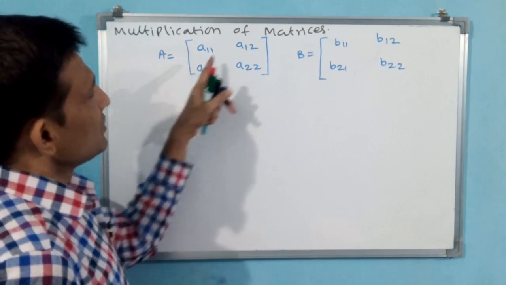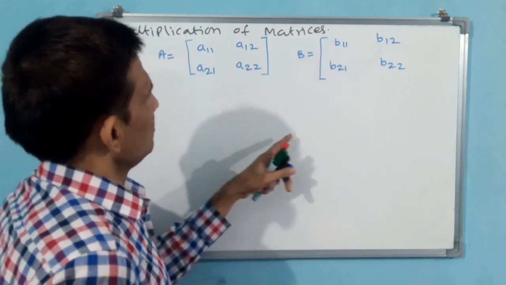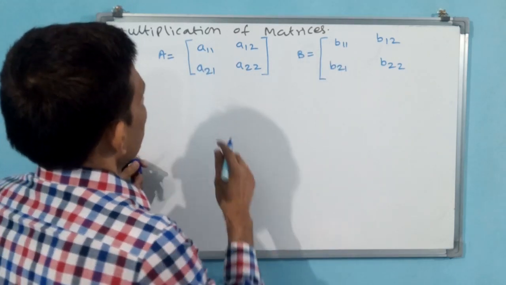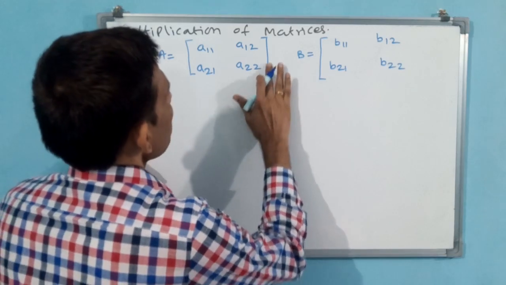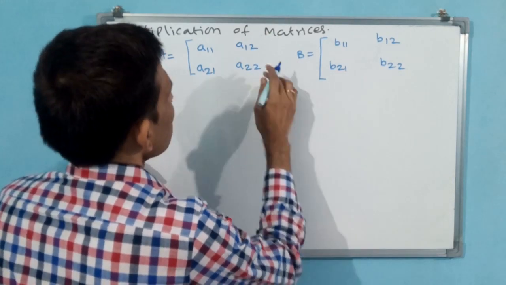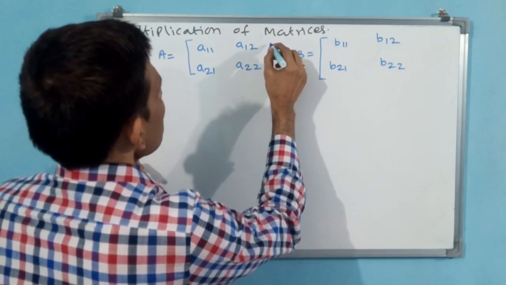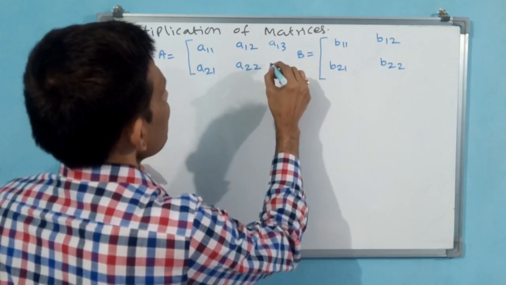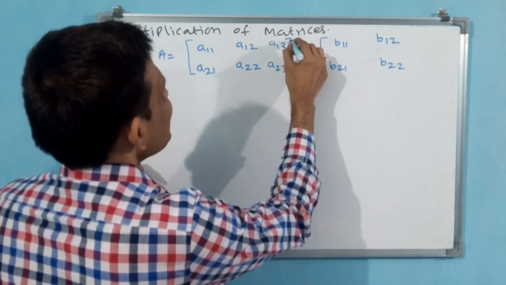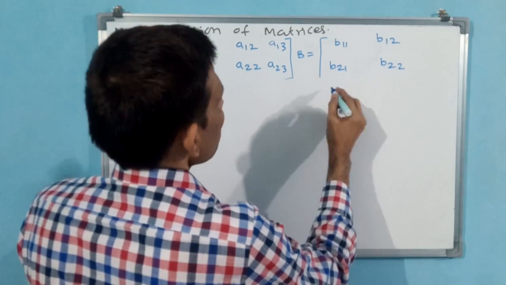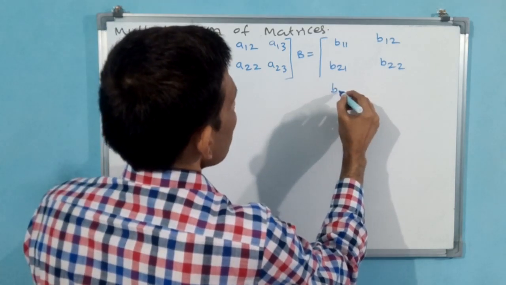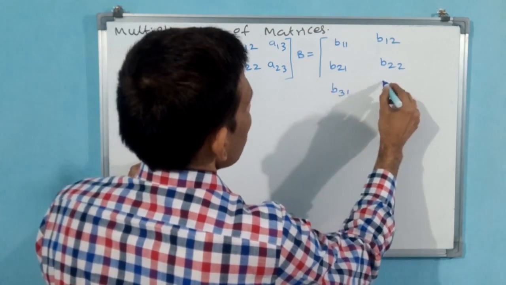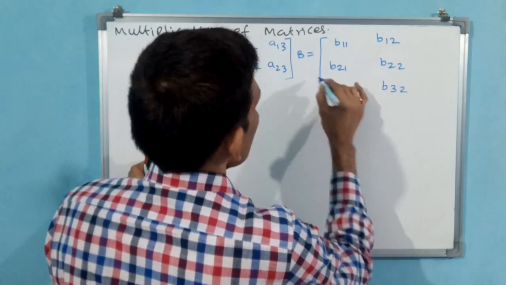Okay, here columns are 2, rows are 2. What I do, I will make 3 columns, here 3 rows. Then it will be very good for understanding. A13, A23. Here I am making 3 rows. B31, B32.